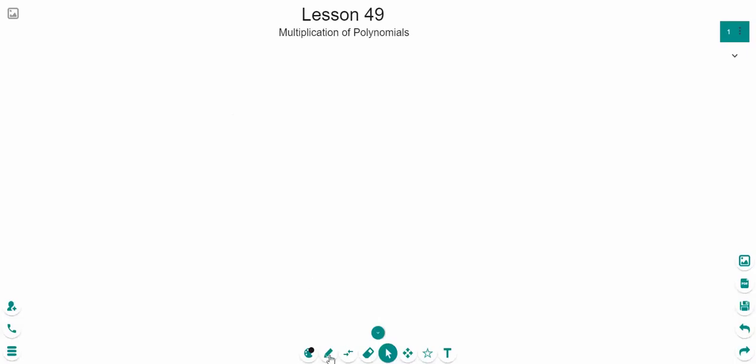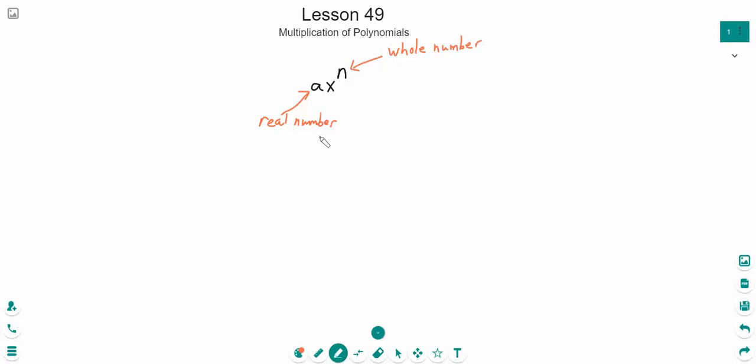What is a polynomial? And hopefully you have this down fairly well right now. But remember, a polynomial is a term or a sum of individual terms such that they are in the form ax to the n, where a is a real number and n is a whole number, which is a positive integer or 0.